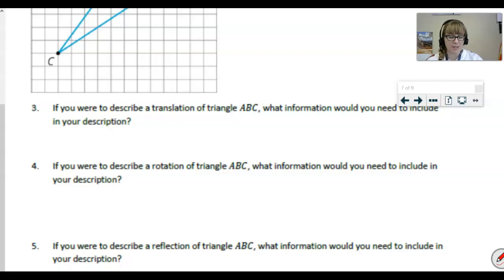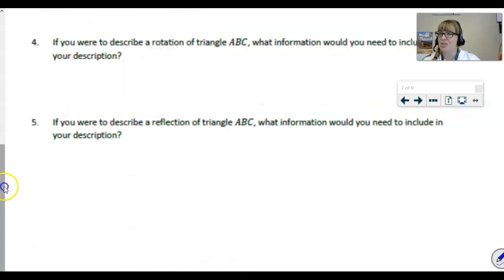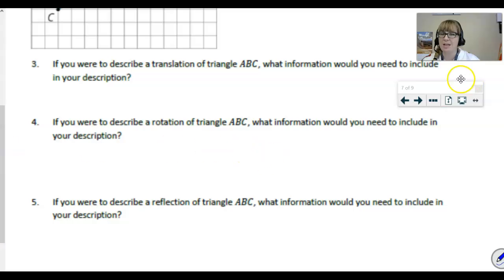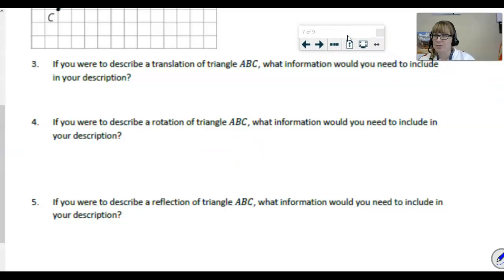All right, let's go over this. If I'm describing a translation of triangle ABC, the information that I need to include is the direction and distance of the translation.